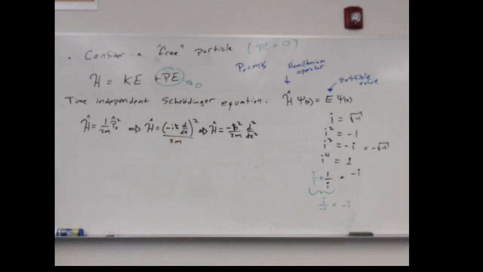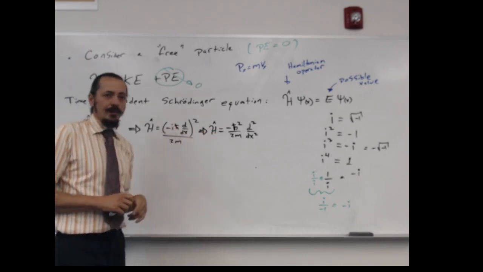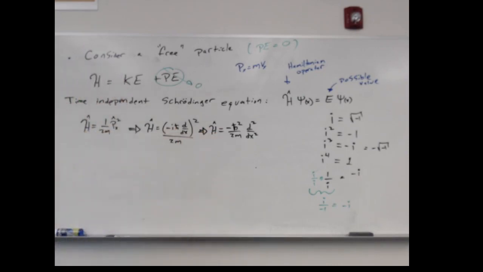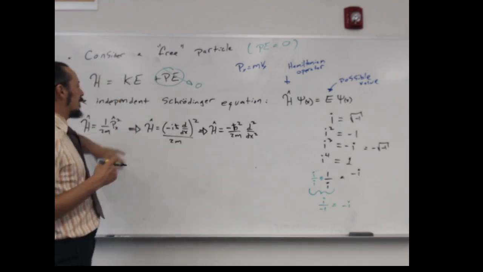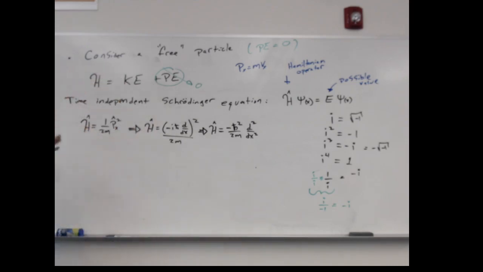I got rid of my imaginary part. I end up with a negative out front, but that imaginary part isn't there anymore. Kind of nice. Now we still don't know what these wave functions are though. So the next step, we've got our problem defined, we've got our kinetic energy, everything is kinetic energy, no potential energy. Now I need to solve H psi equals E psi.